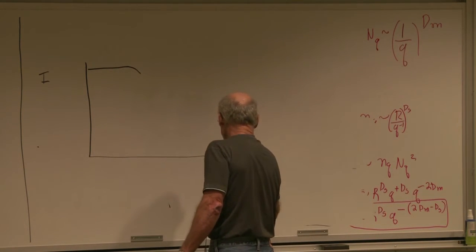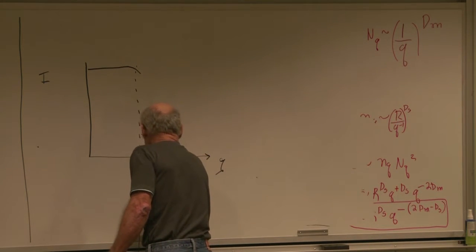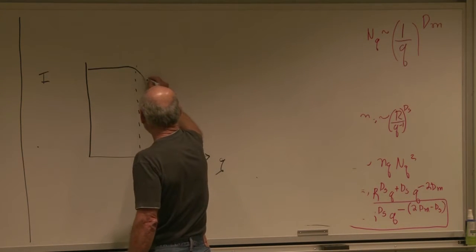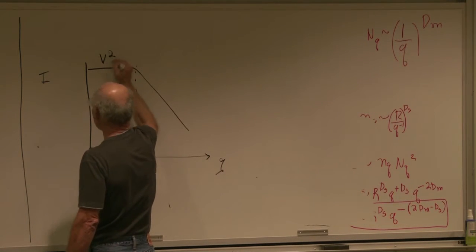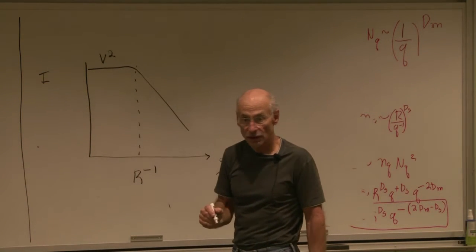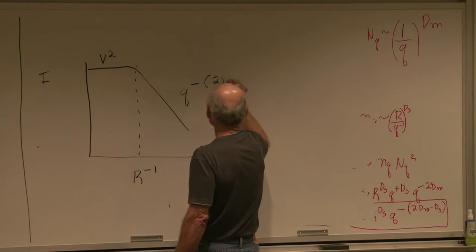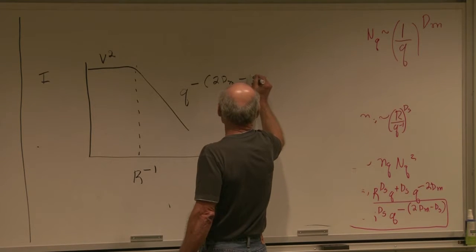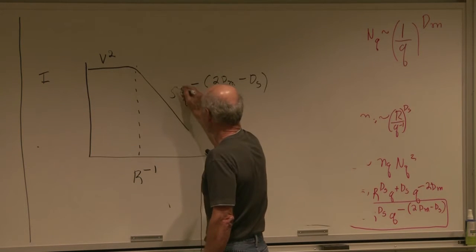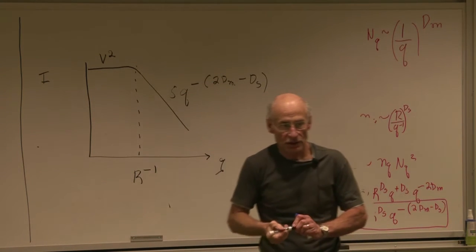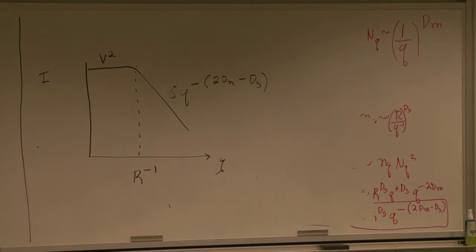So if I'm plotting this versus Q, right about here is inverse the size of the particle. And then it's going to fall off with a power law, and let's remember, this is going to be proportional to the volume squared, right? Then it's going to fall off with a power law, Q to the minus 2dm minus ds times what? The surface area.